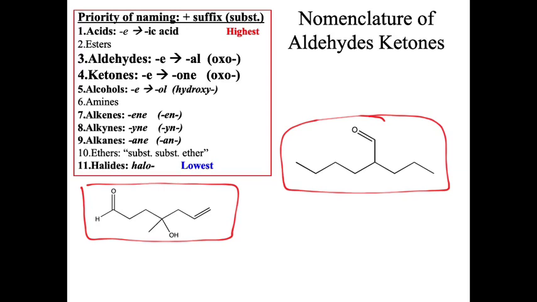Start by numbering at your highest priority functional group. So 1, 2, 3, 4, 5, 6. Okay? Why start there? Well, the aldehyde is our highest priority functional group. Okay, based off of our list, that carbon needs to be at position 1. This also helps because we now know that those are not part of the main chain.